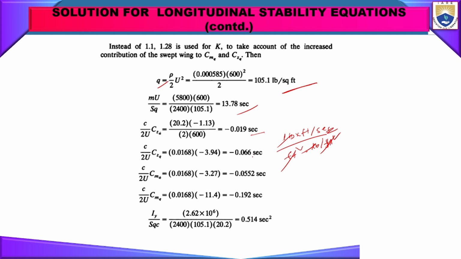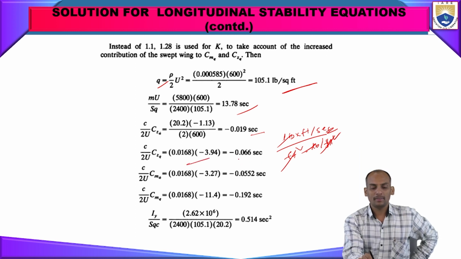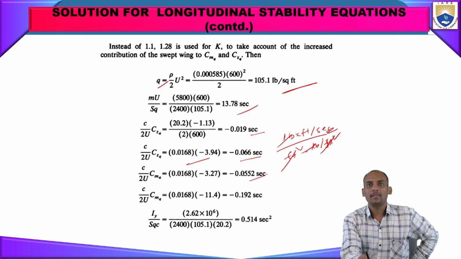Like that for everything, if you substitute the values, we will get c by 2u into CZQ value is 0.066 seconds, and c by 2u into Cm alpha will be 0.0552 seconds, and c by 2u into CmQ will be how much? Minus 0.192 seconds.